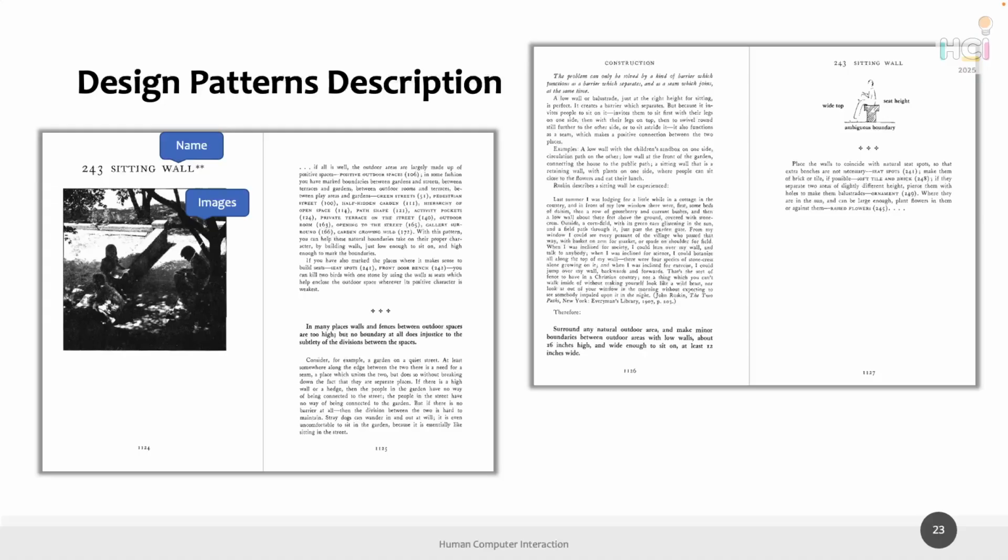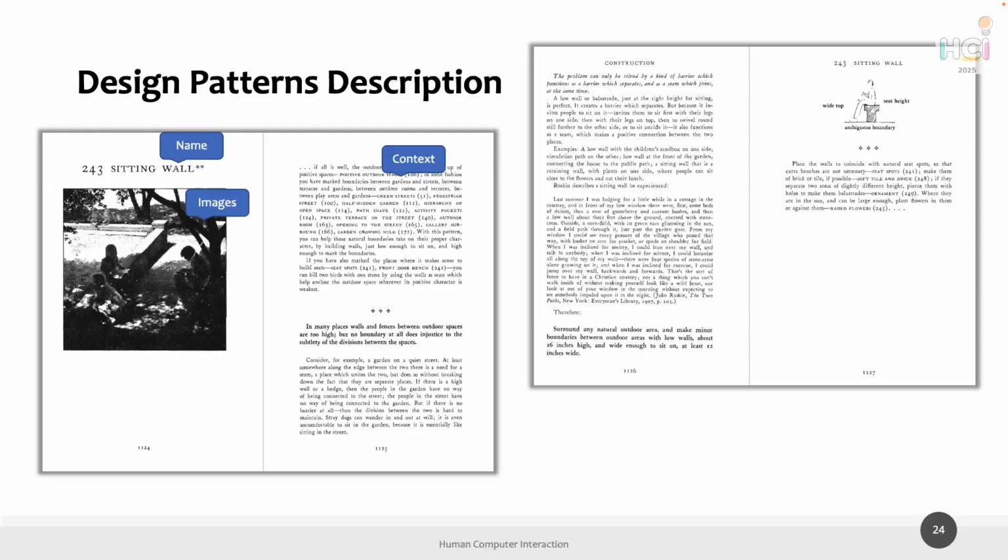The name is in common language, because again it must be readable by non-experts, so it already conveys the idea of the solution and in a way of the problem. What is this pattern? Sitting wall. Okay, we can easily imagine that we are speaking about a wall on which we can sit.